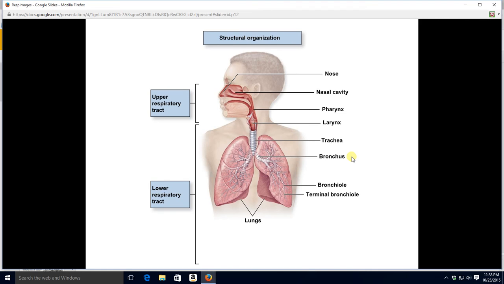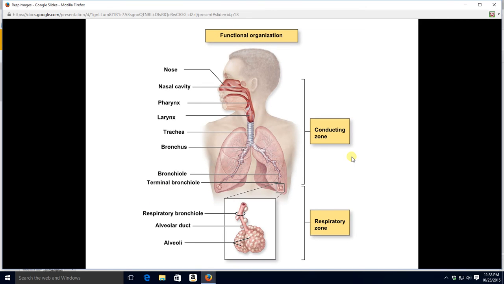That's the structural organization. But there is a functional one as well. Functionally, we divide the respiratory tract into two parts: conducting zone and respiratory zone. Conducting zone is your nose, your nasal cavity, pharynx, larynx, trachea, bronchi, and most bronchioles, all the way up to terminal bronchioles.